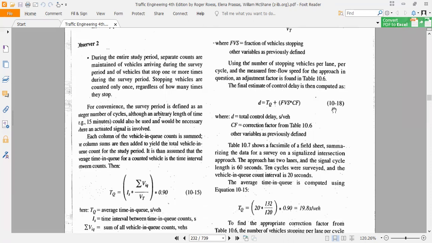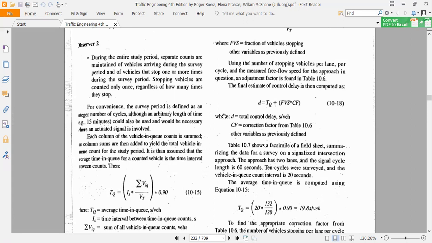And equation 10.18 tells us about the total control delay. So first, we find the average time in queue, that is how many seconds a particular vehicle spends in the queue. That is represented by TQ, and this D represents the total control delay. This is the term that we are interested in. This is the term for which the Highway Capacity Manual has devised this methodology. The total control delay includes the total delay due to staying in the queue plus the time spent in acceleration and deceleration.